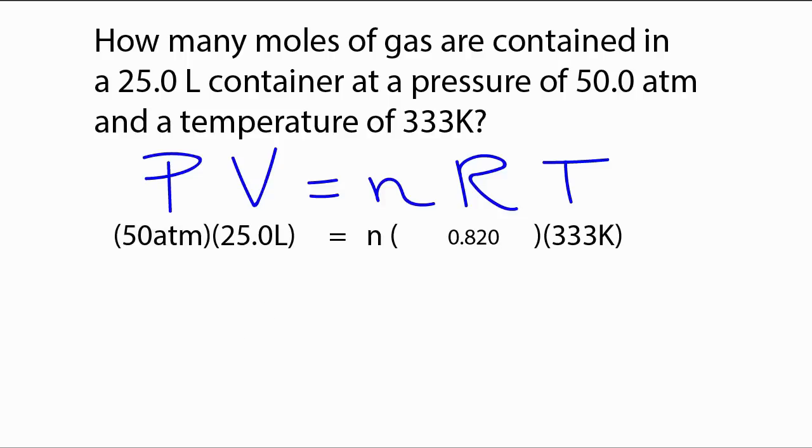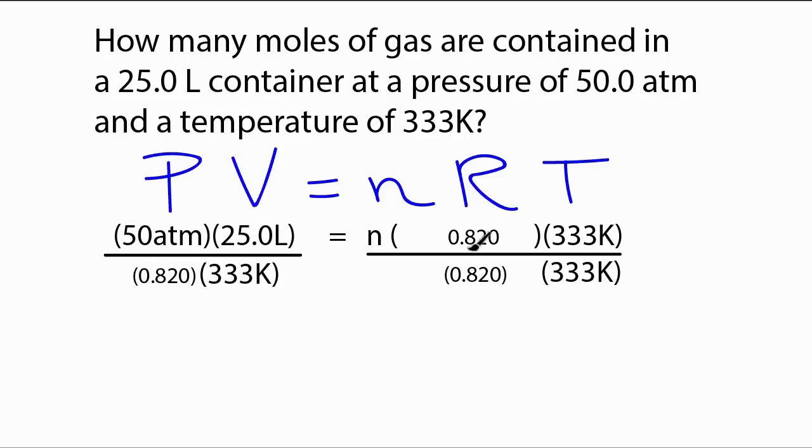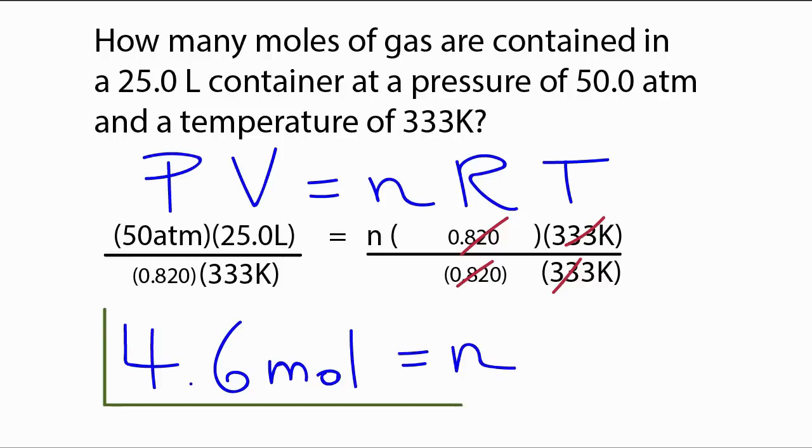Now to solve and get N by itself, I'll just divide both sides by 0.820 times 333 Kelvin. So these terms cancel out, and we're left with N by itself. We take 50 times 25 and divide that quantity by the 0.820 times the 333. That would give us 4.6 moles, which would equal N.